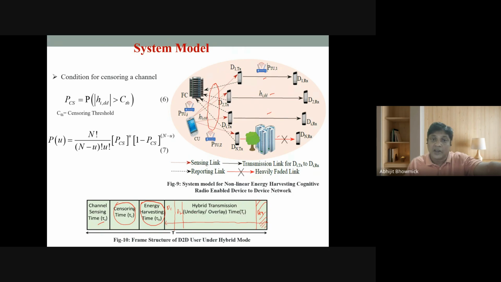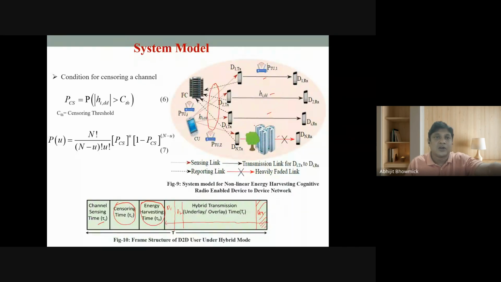Here my resource is time, and I'm utilizing the time in a more efficient way. Instead of allocating to everyone, I'll first look at who is in good condition. Now, how can you capture this effect, and how can you allocate these resources to those who can successfully send the information?